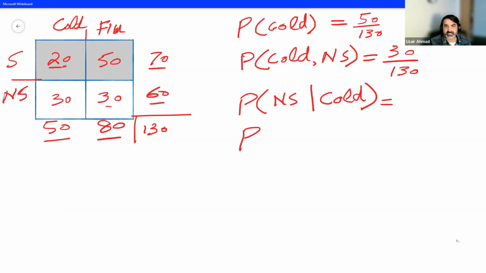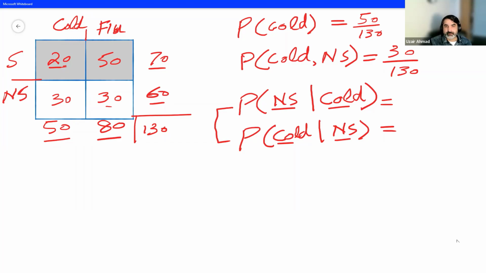Or vice versa. What's the probability that the person has cold, given that the person is not sneezing? So these two are referred to as conditional probabilities, and they can help us infer information, answer questions based on given evidence.